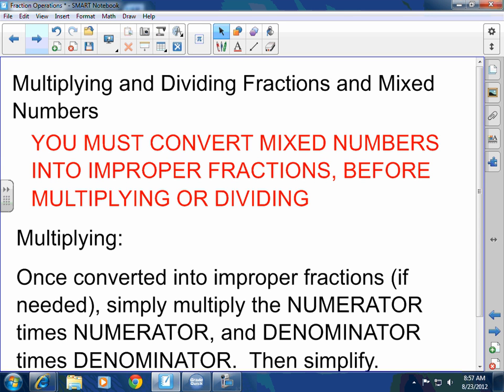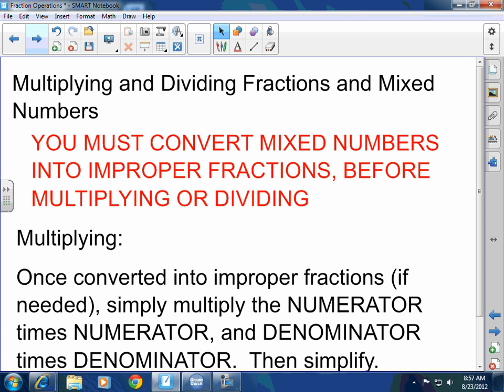But when you're multiplying and dividing fractions, you must convert any mixed number into an improper fraction before multiplying or dividing them. So please be careful with that, guys. When I have 1 1/5 times 2 3/7, you must first convert them into improper fractions.